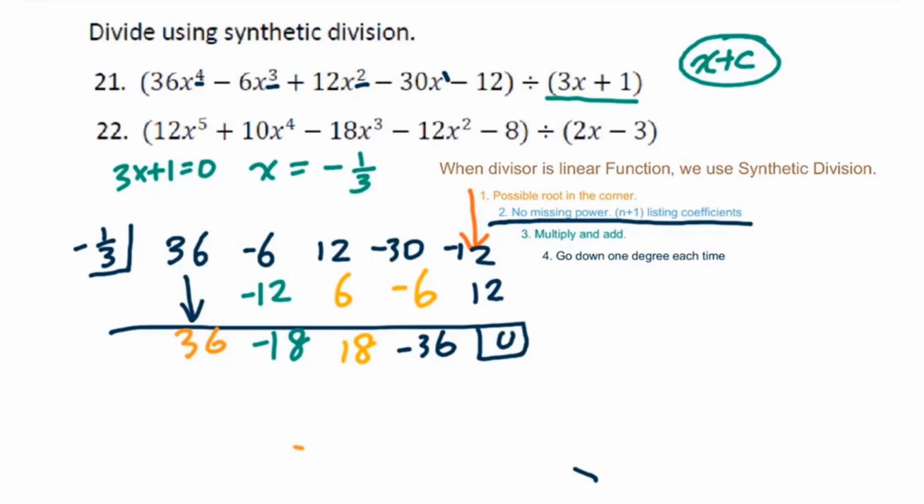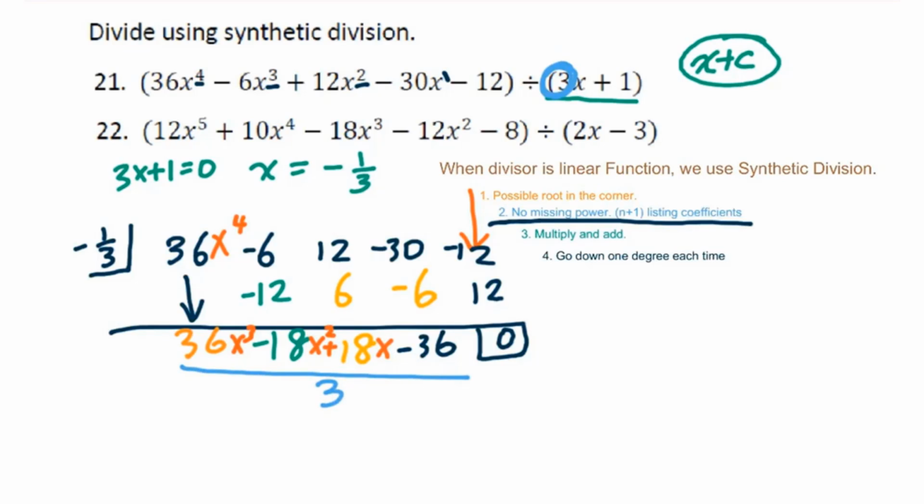We got 0. We know this is x to the fourth power. Therefore, x third, x squared, x. We didn't finish yet. Remember, look at here. This is a 3. You have to divide it by this 3.